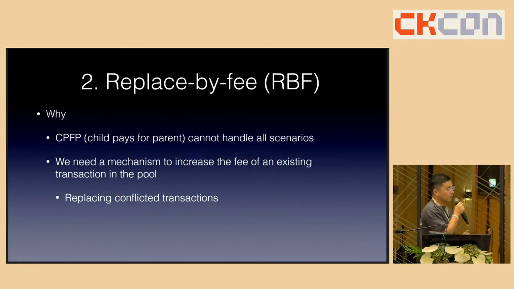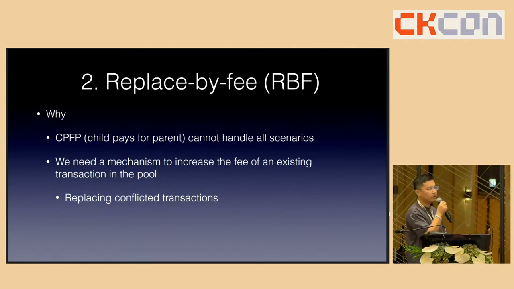So this is the next topic that I want to introduce. It is called replace by fee. Why do we need replace by fee? Before we had replace by fee, if you wanted an existing transaction to be packed more quickly, you could only create a new transaction. The new transaction would consume some outputs from the old transaction, but the child pays a higher fee.